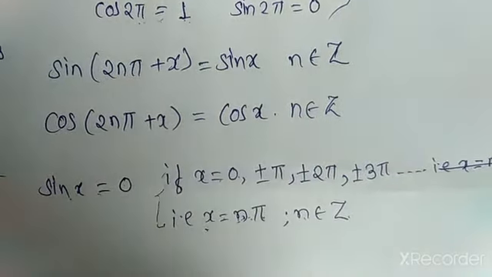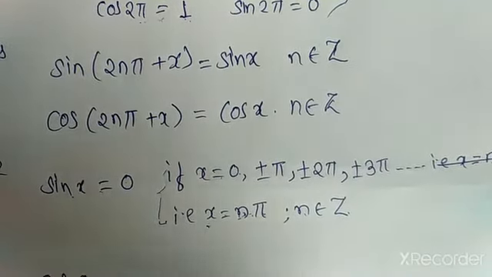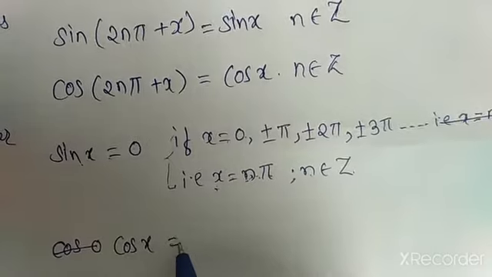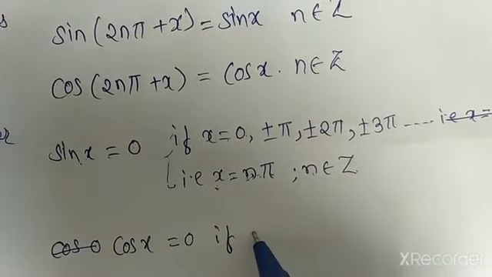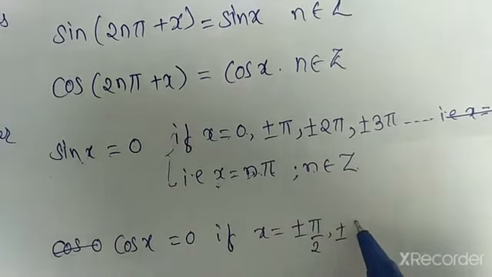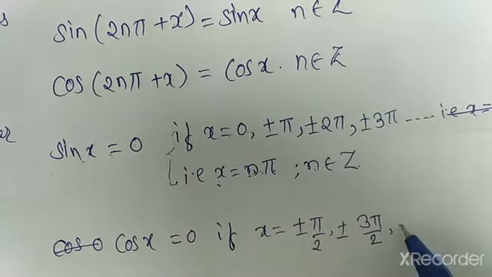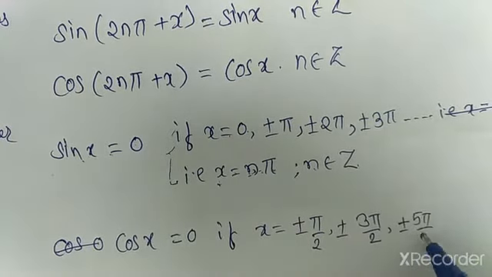And cos x is equal to 0 if x is equal to ±π/2, ±3π/2 and ±5π/2, and so on.